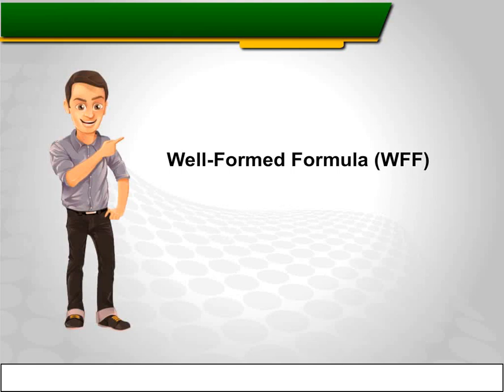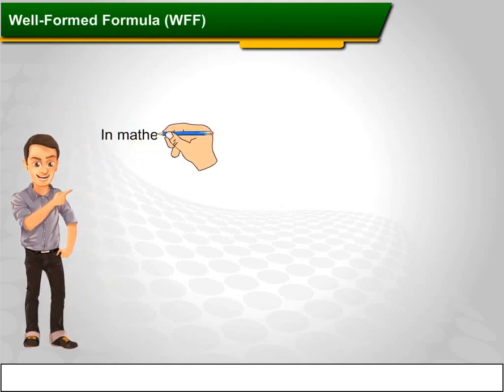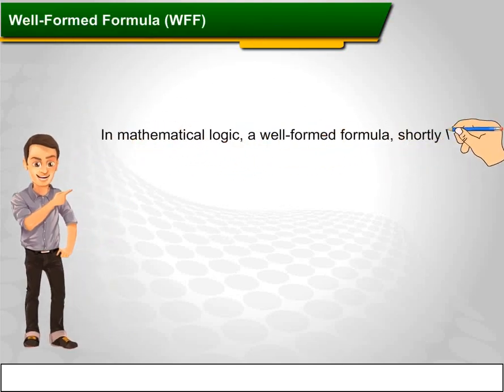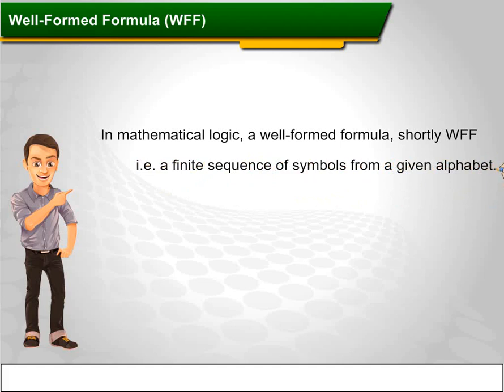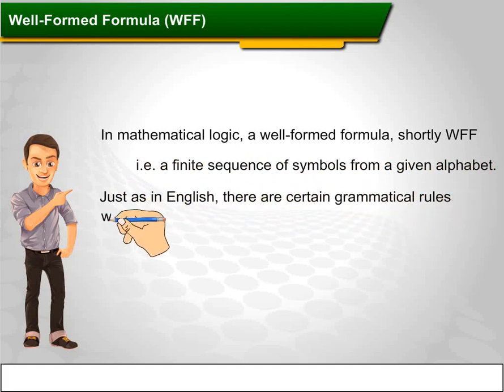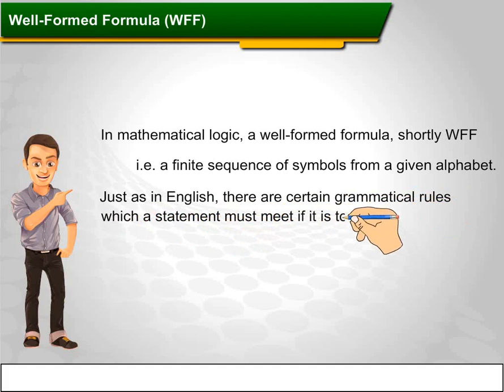Well-formed formula, WFF. In mathematical logic, a well-formed formula, shortly WFF, is a finite sequence of symbols from a given alphabet. Just as in English, there are certain grammatical rules which a statement must meet if it is to make sense.